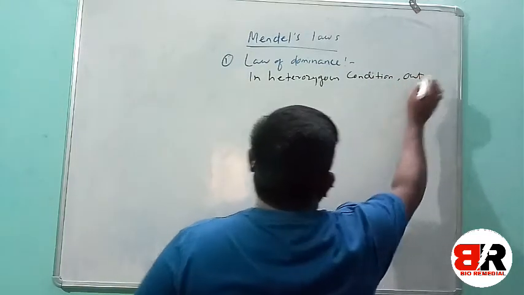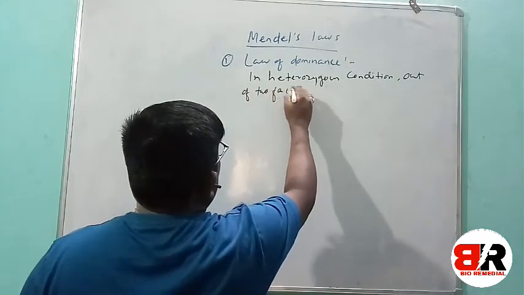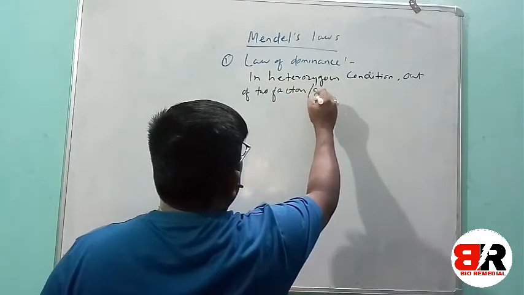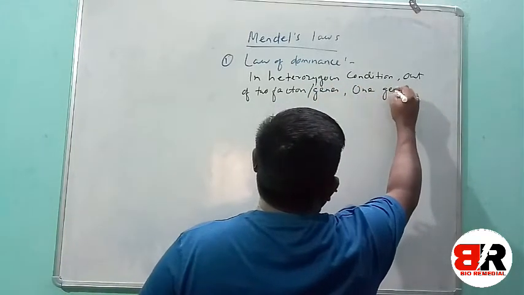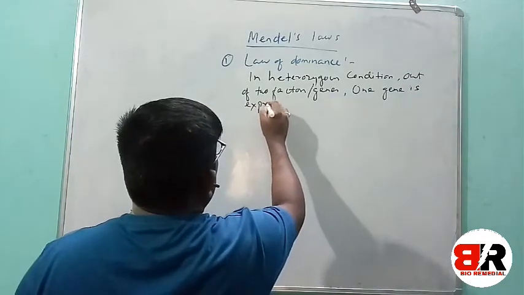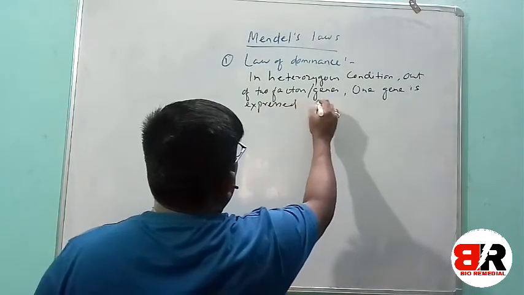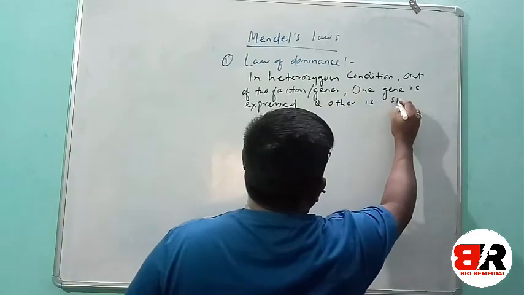So we can write down: in heterozygous condition, out of two factors or genes, one gene is expressed and the other is suppressed.